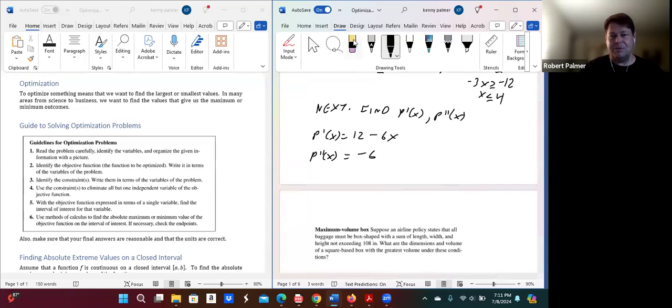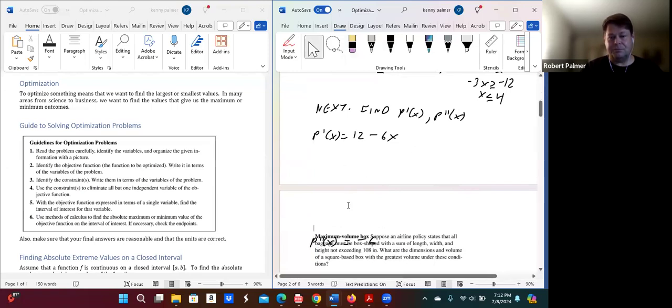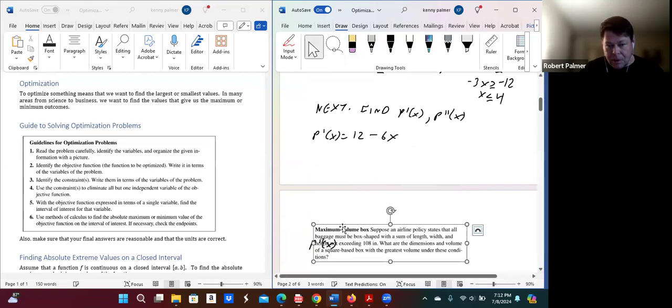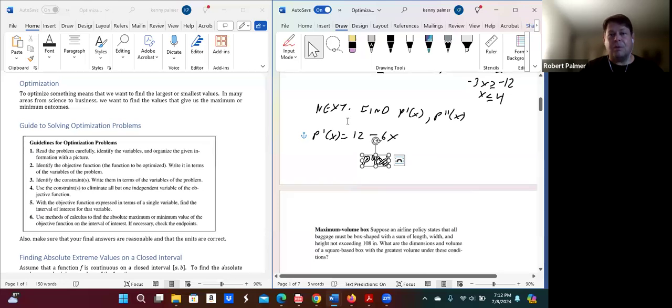Actually, I realize I need to move some of this stuff down. Okay, hang on a second. Give me a second here.